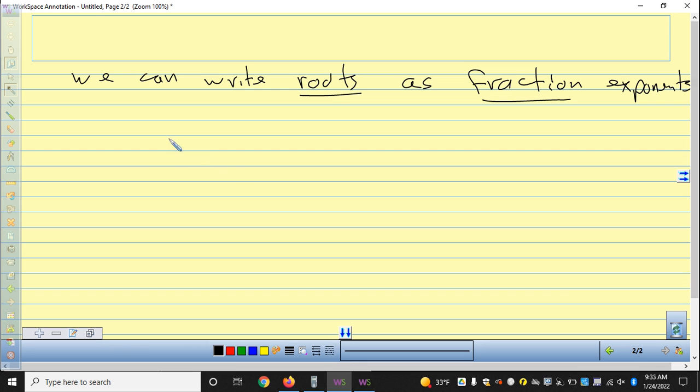So for example, we have the third root of 125. We can write that as 125 to the 1/3 power. A root is an exponent that's a fraction. The fourth root of 16 we can write as 16 to the 1/4.